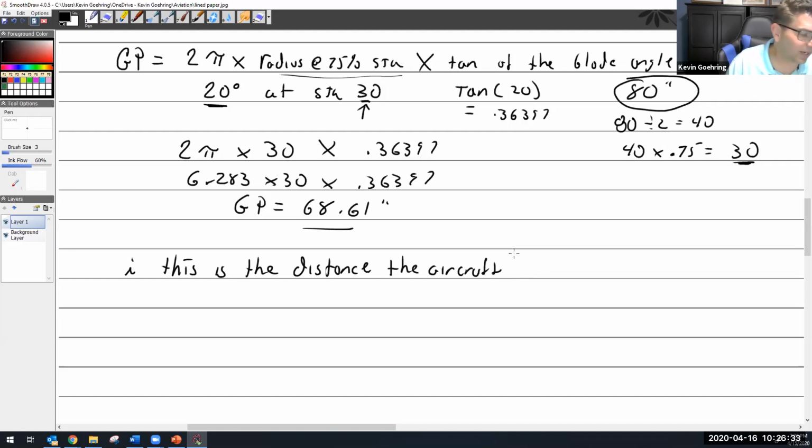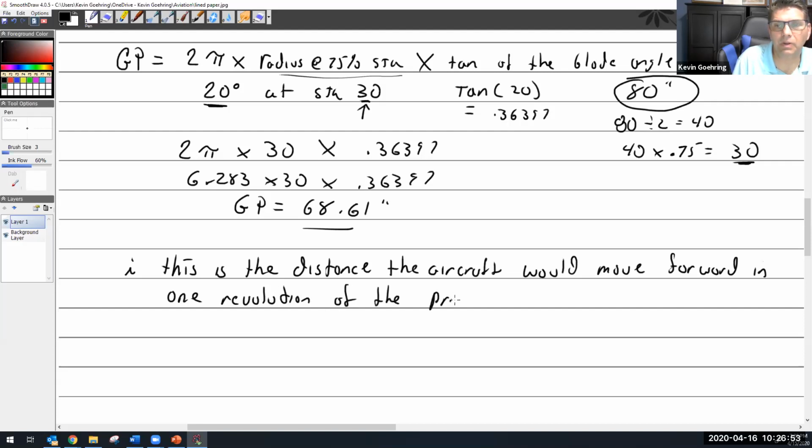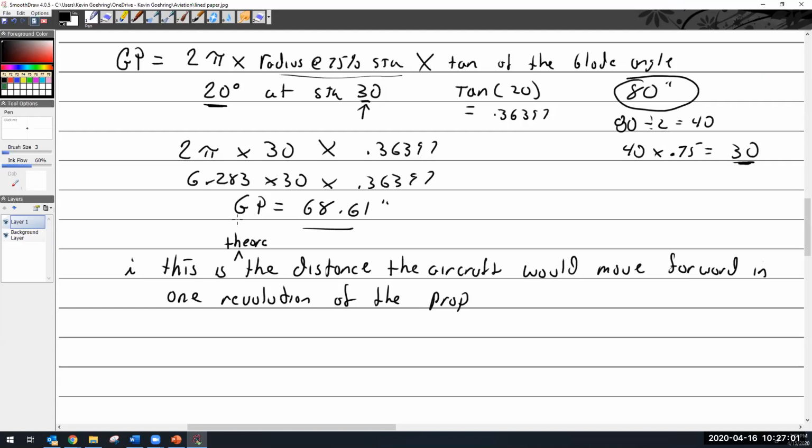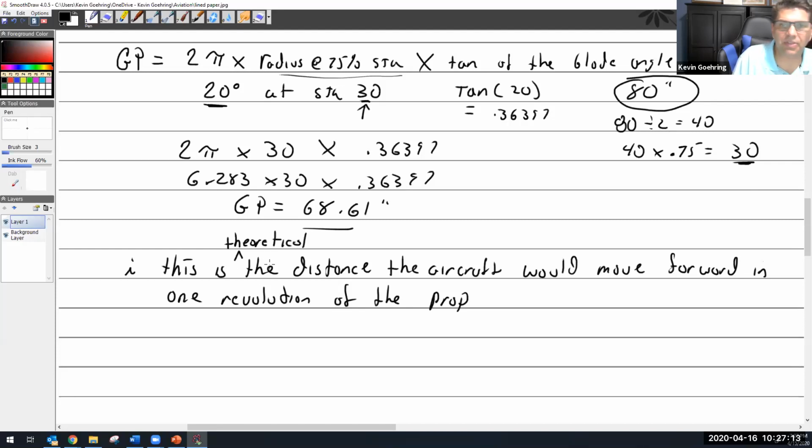This is the distance the aircraft would move forward in one revolution of the prop. I should put right here, theoretical, as if it were a screw. This is the theoretical distance.